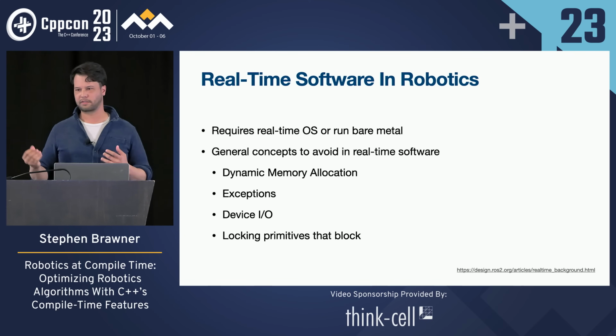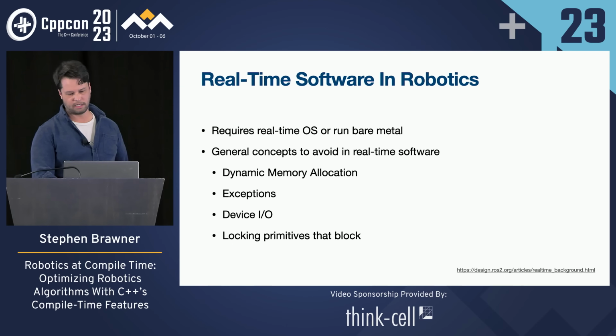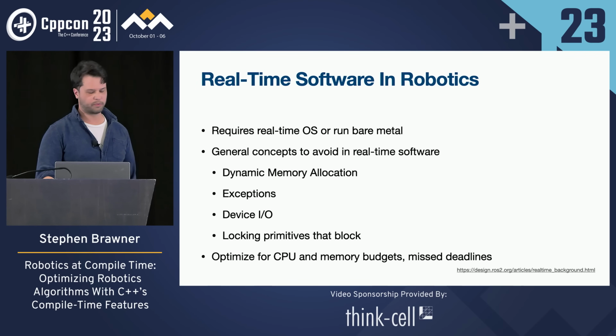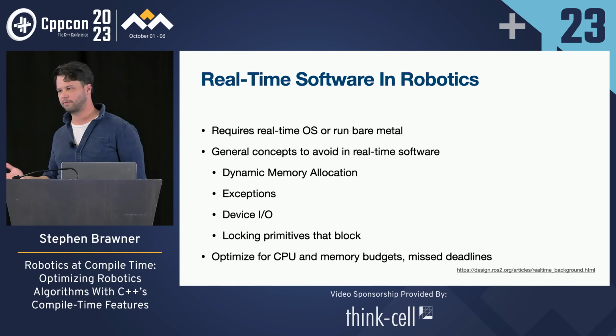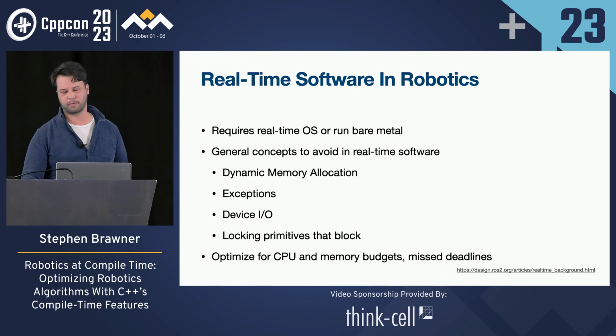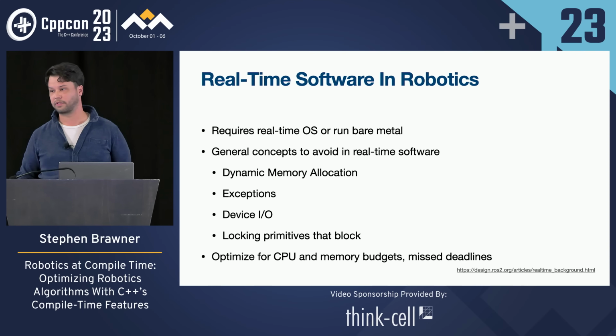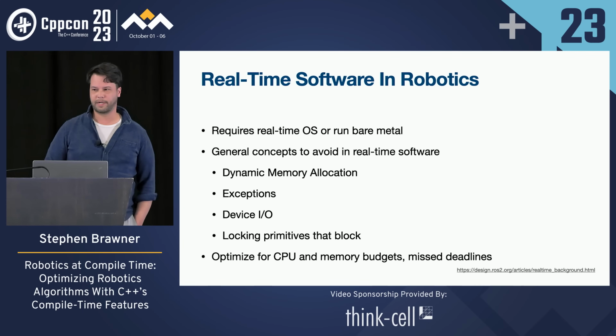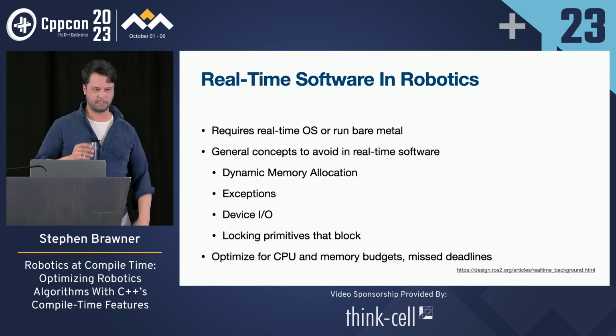These kinds of things are generally not deterministic. And when we talk about optimizing code, we talk about optimizing for CPU and memory budgets, because these processors were chosen several years beforehand, and so you better make sure that you don't overload your CPU.